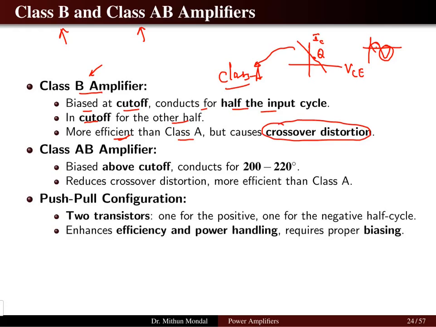crossover distortion. Class AB amplifier, which is biased above the cutoff, will conduct from 200 to 220 degrees, which is more than the class B amplifier. So class B amplifier we have from 0 to 180 degrees, whereas class AB amplifier is conducting from 200 to 220 degrees.